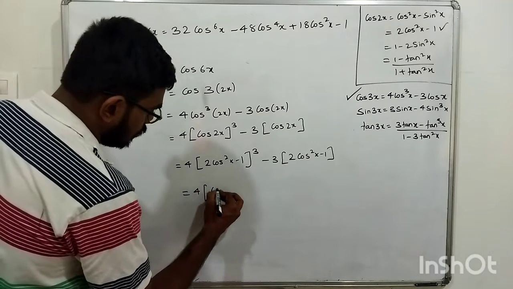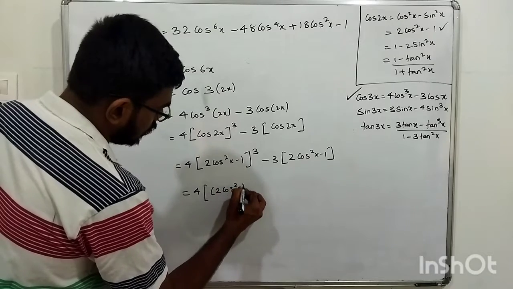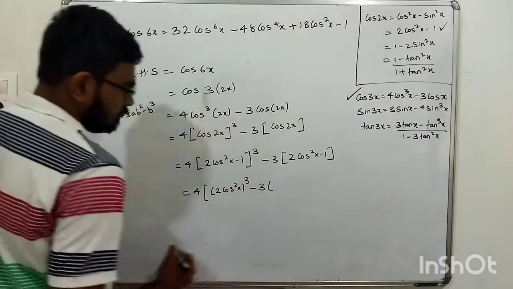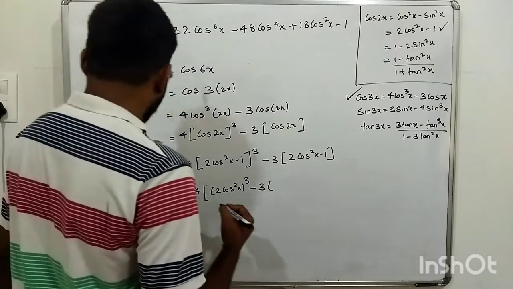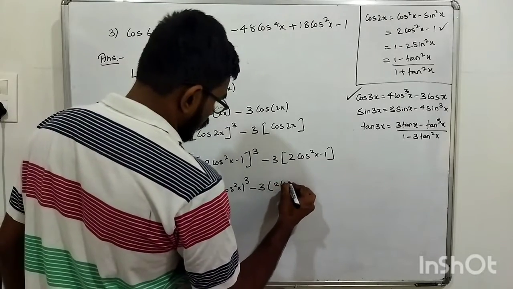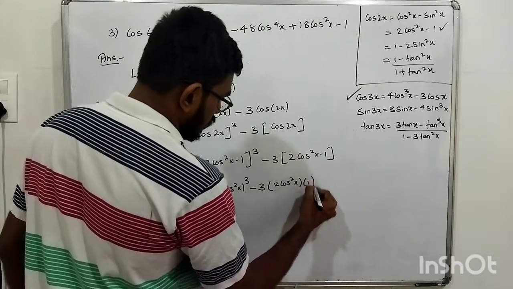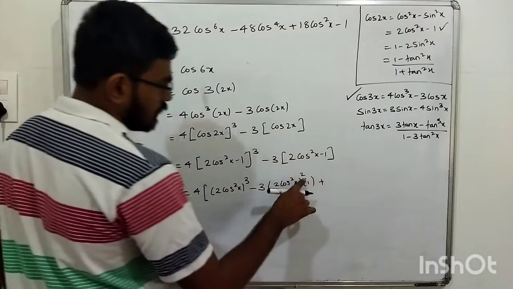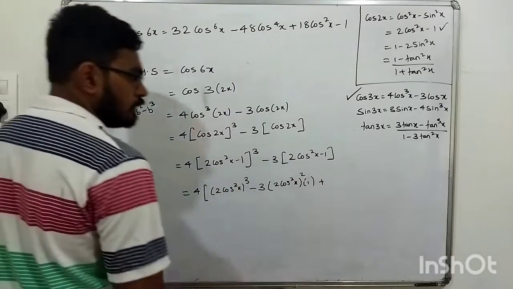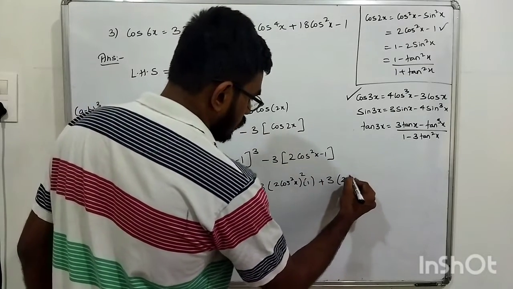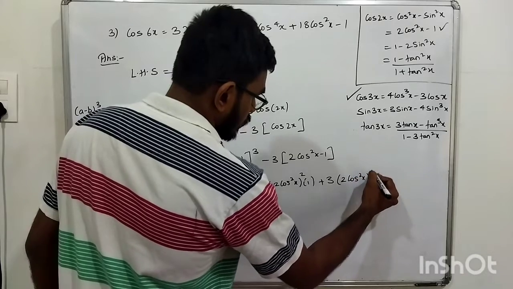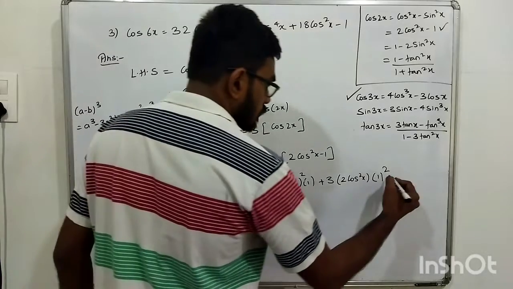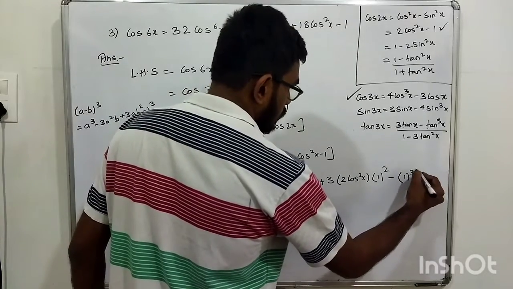So 2 cos square x the whole cube minus 3a square b, so 2 cos square x the whole square into 1 plus 3ab square, so 2 cos square x into 1 square plus b cube minus b cube, sorry, minus 1 cube.